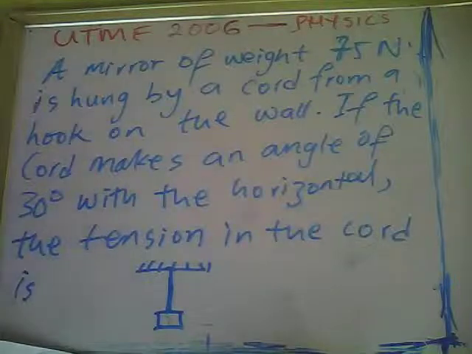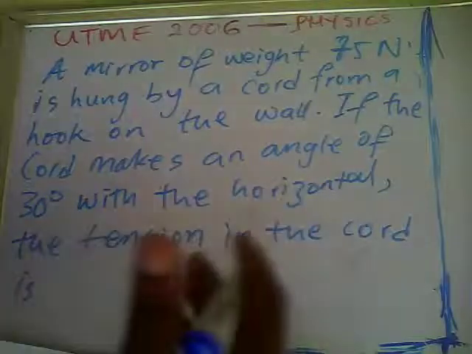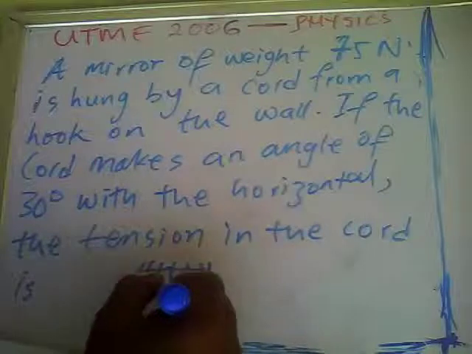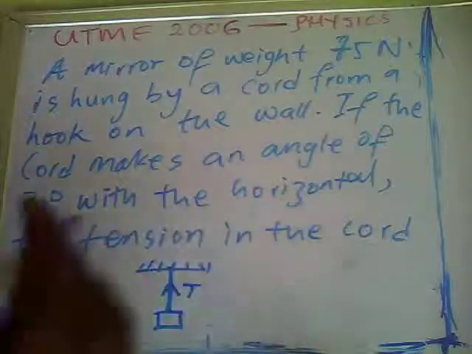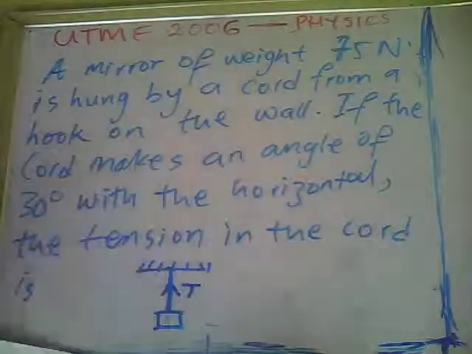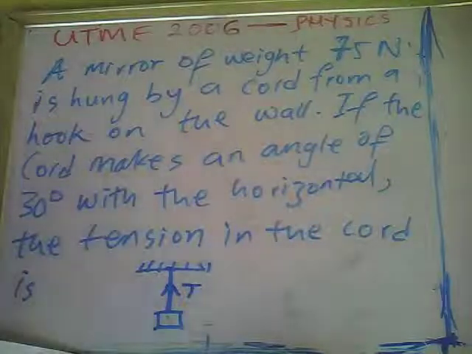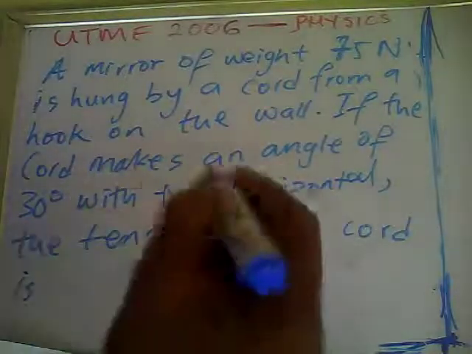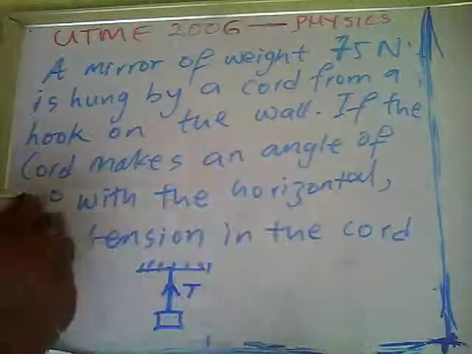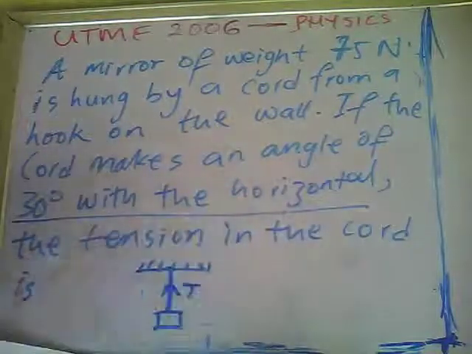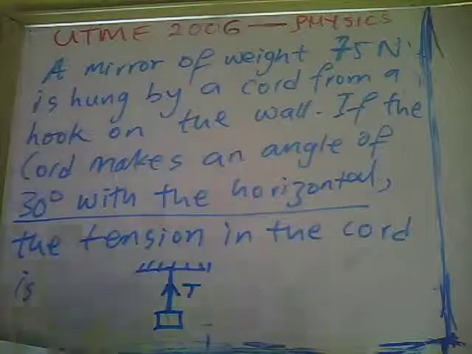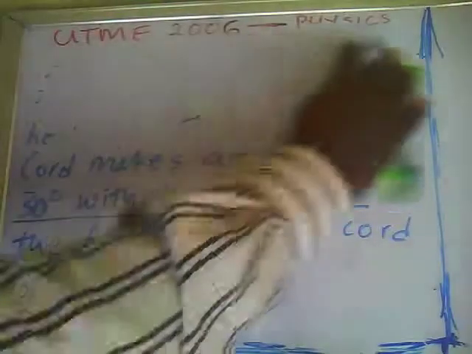It is going to be swinging, and as it swings, we have tension in the cord, so the position of the cord with respect to the wall or vertical axis changes. The question is, at 30 degrees with the horizontal, what is the tension in the cord? That requires a sketch.